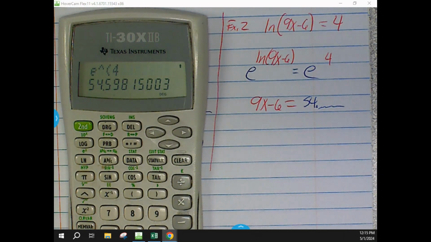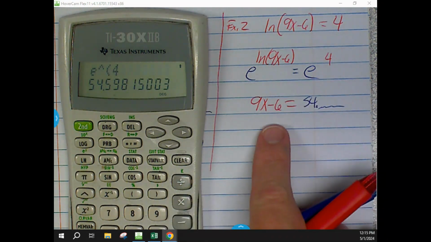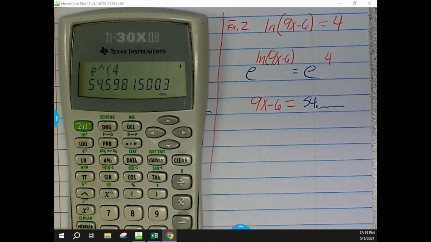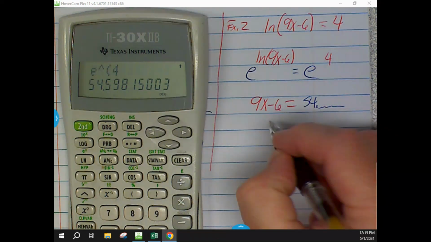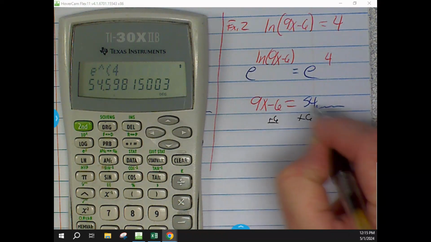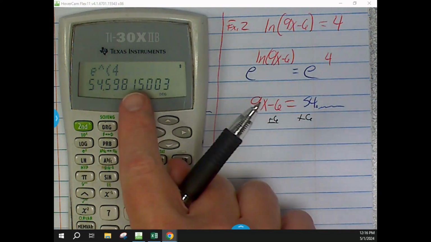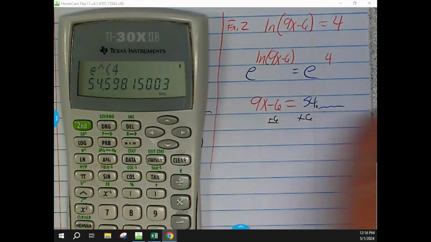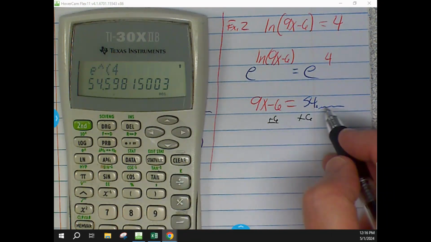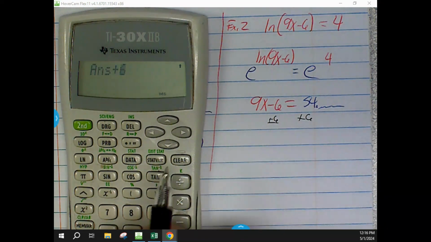Because the rest of the stuff is really not that important. We'll get to that at the end. If we're going to solve this equation, what's our next step going to be, though? Add 6, right? So, yeah, this number is important, but we don't really need it to the end. So if we know this is 54 point, this number, you don't have to write it all down. Just write down the 54 point and just put some scribble back behind it. And we're going to add 6 to get that number.